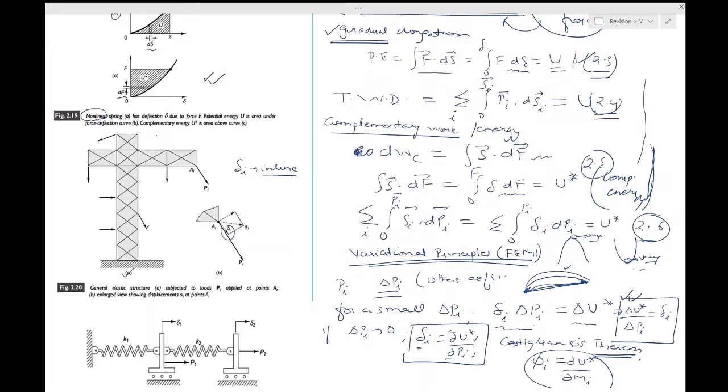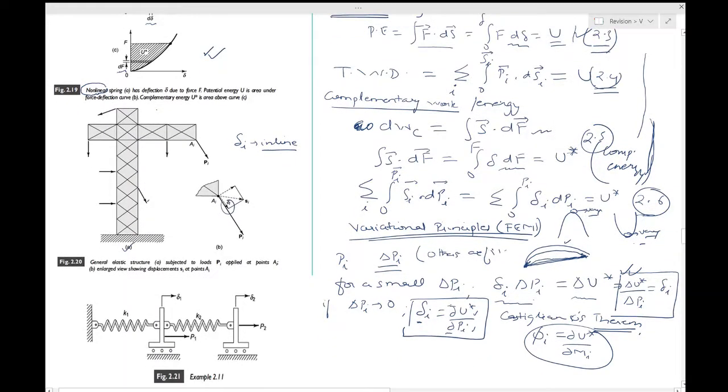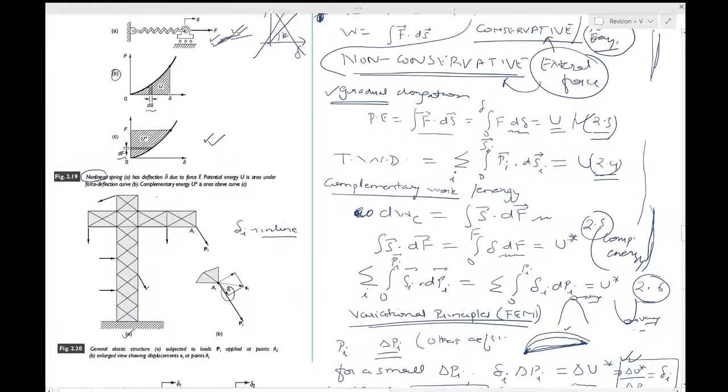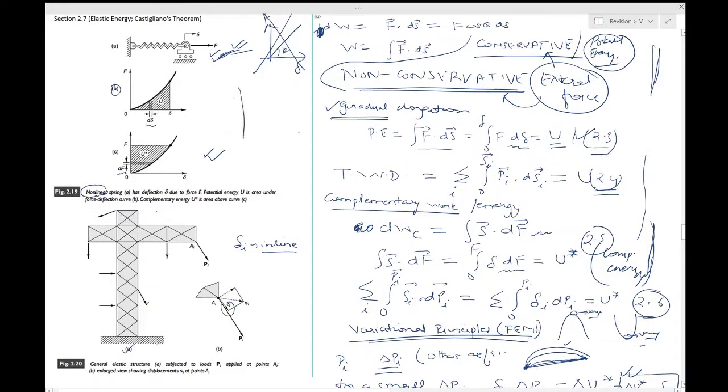Now it so happens that if you have a linear system, for say a spring, the area U will be the same as U star. So for a linear system, U will be equal to U star.